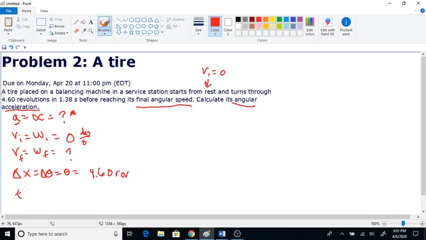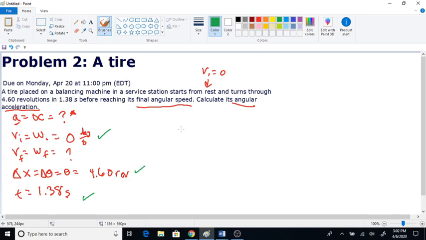And then time is still time. Now, as long as we have 3 out of the 5, it still holds. We can solve. Let's check, 1, 2, 3. Perfect.